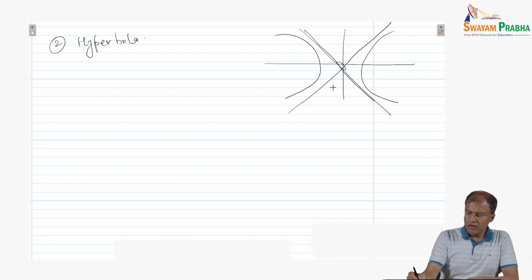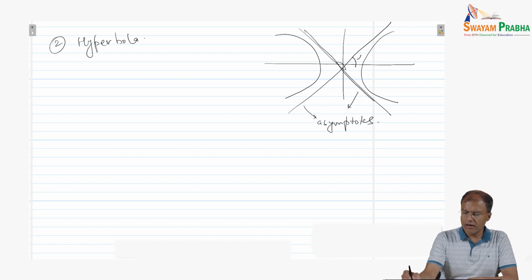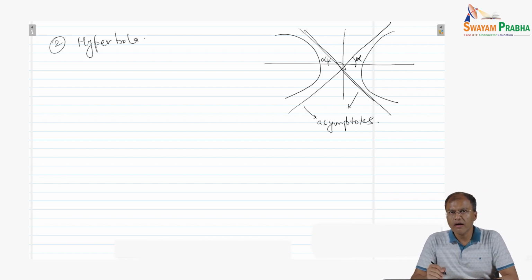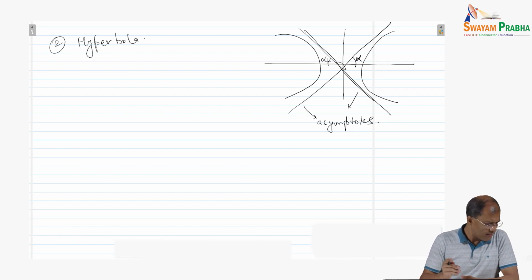These are my two asymptotes. The asymptotes of the hyperbola typically make an angle alpha. We can associate alpha with our apsidal angle. We'll see how later on. But right now we are just talking about the basic conic section, in this case the hyperbola.